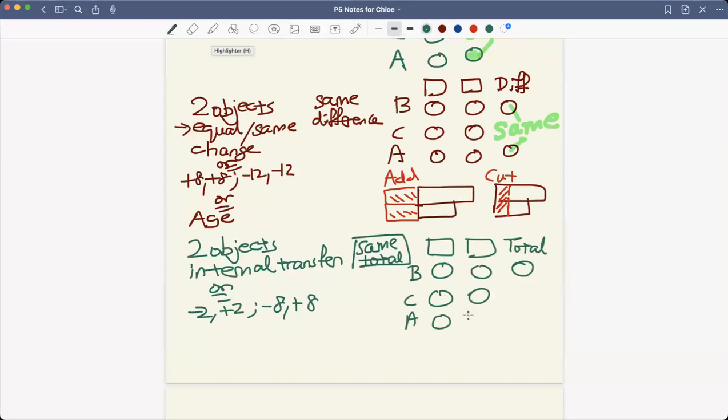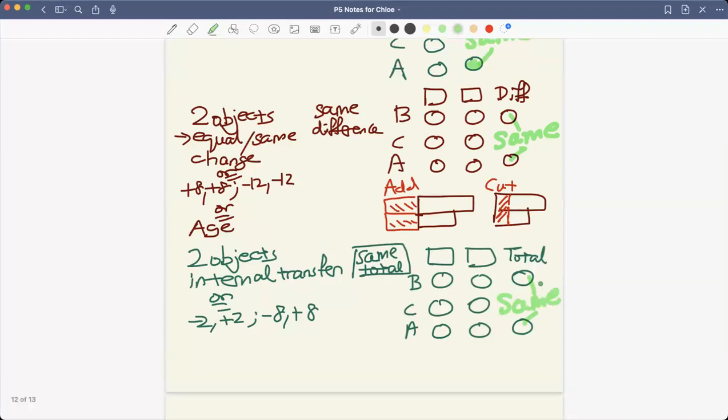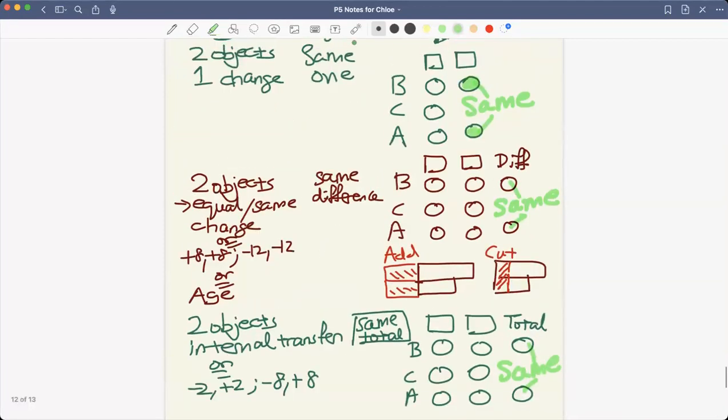Put the change, final ratio. Add up as well. Same.